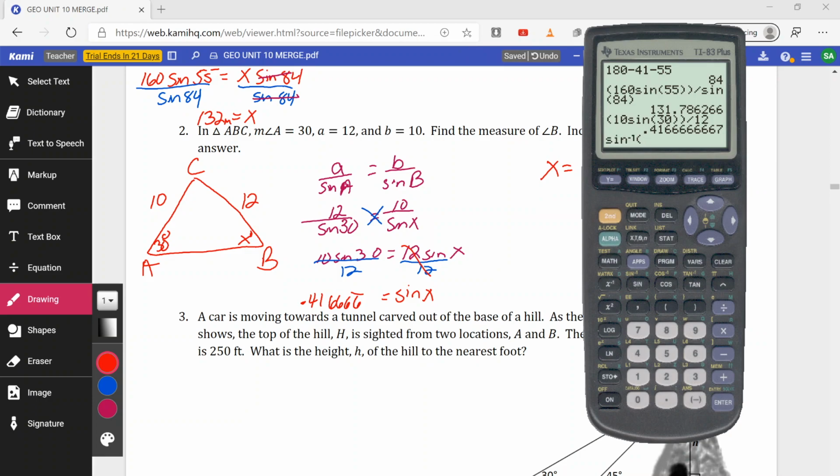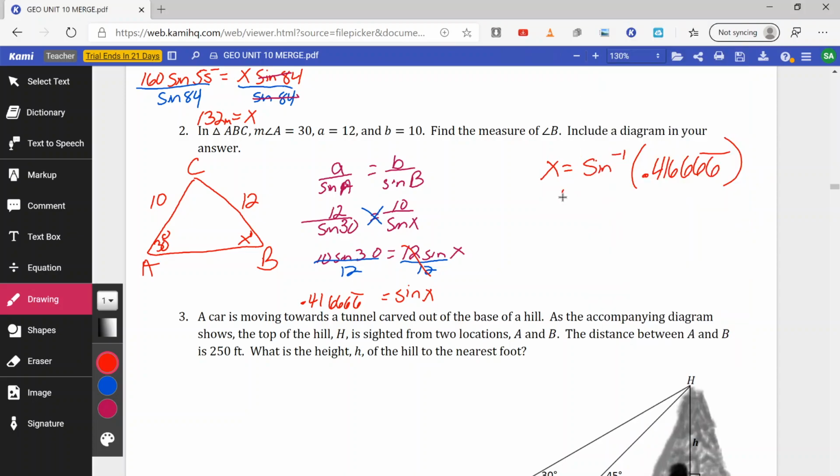Anytime you want to do something to the previous answer, instead of typing 0.4166666, all you have to do is press second answer, and it will apply it to the function. So we get 24.62431835. So we're just going to round up to 25 degrees.